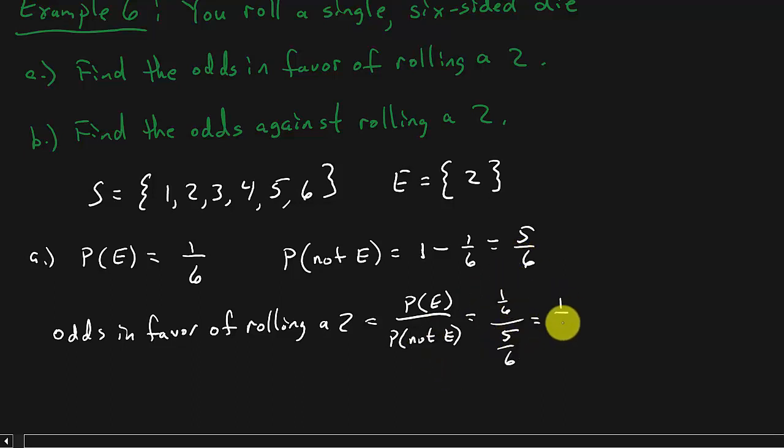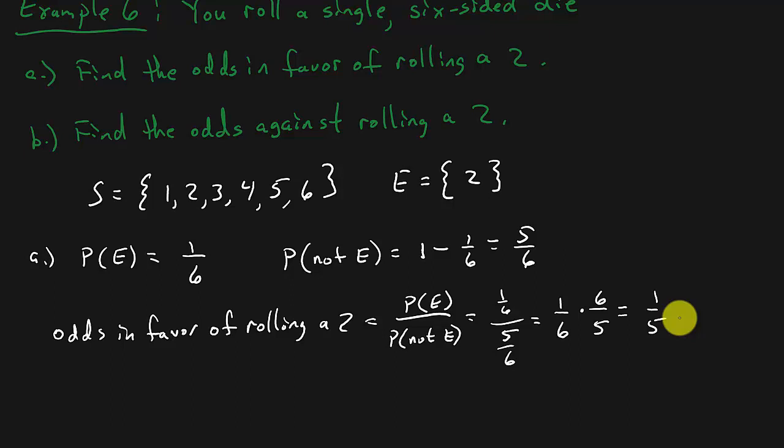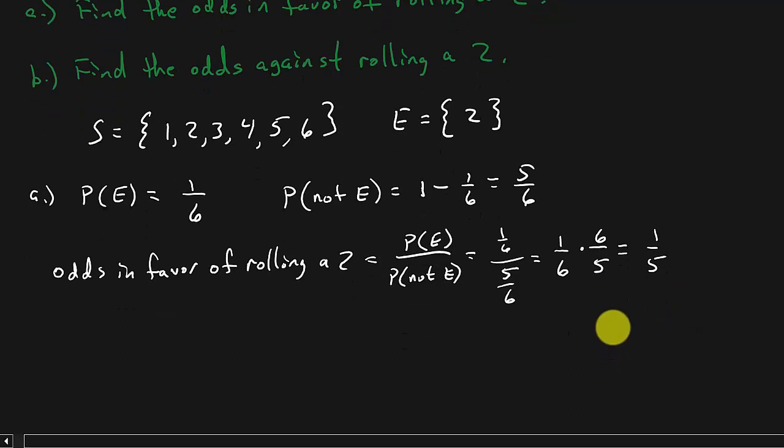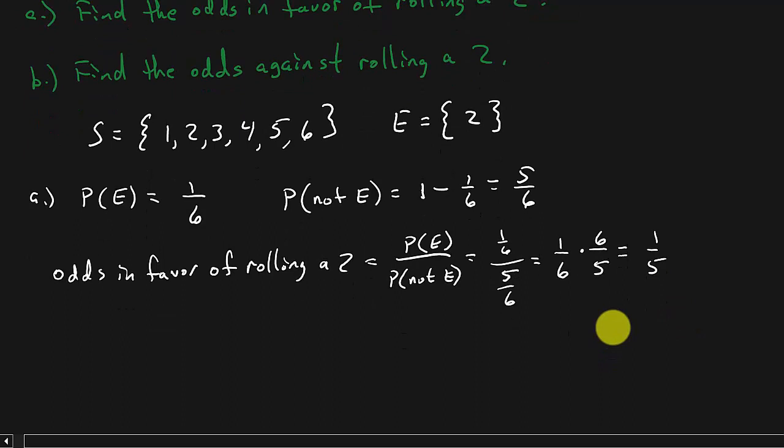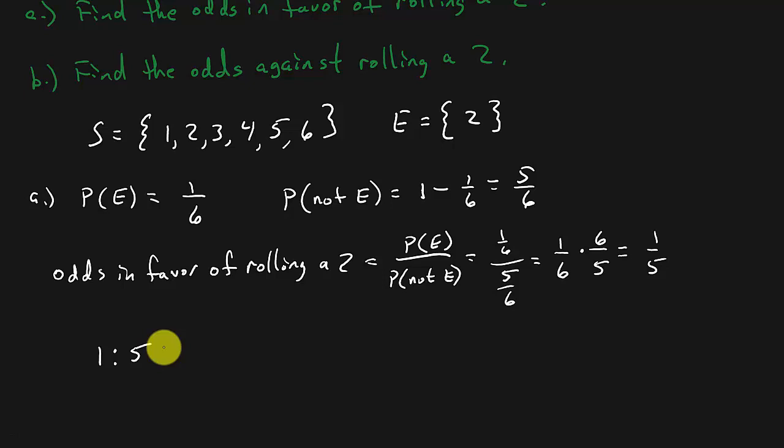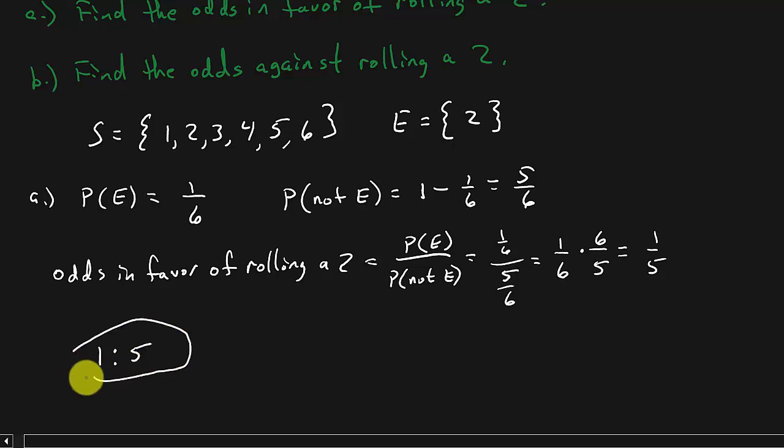And so this is 1/6 divided by 5/6, or 1/6 times the reciprocal. Remember that? And so the 6's cancel, and we get 1/5. All right. So the way that you normally write odds is you would write the odds are 1 to 5. Okay. So the odds in favor of rolling a 2 are 1 to 5.